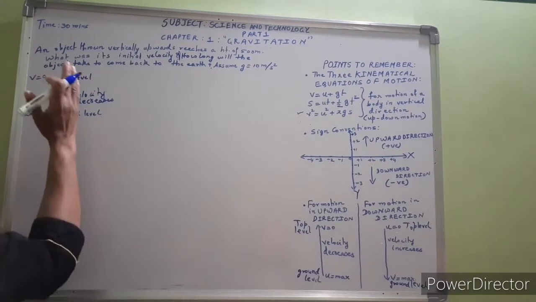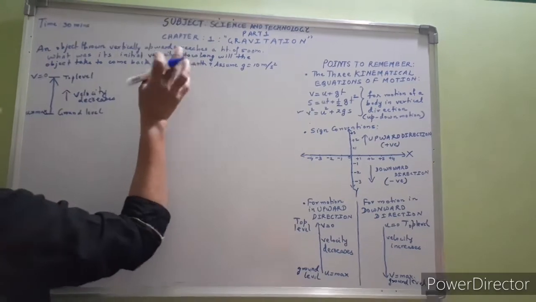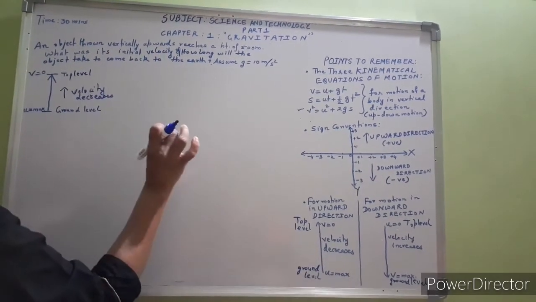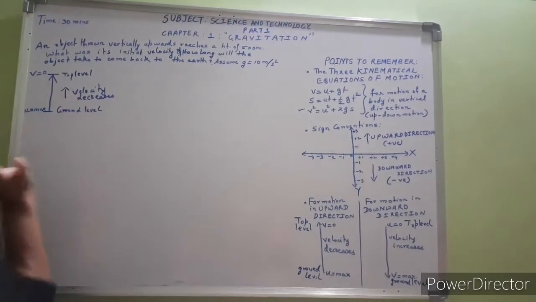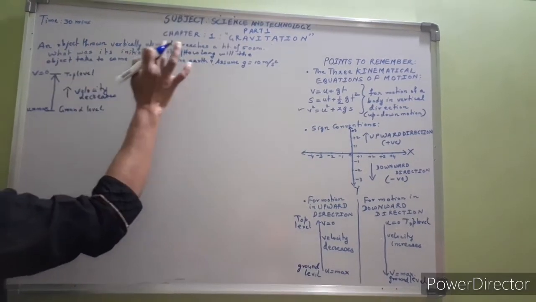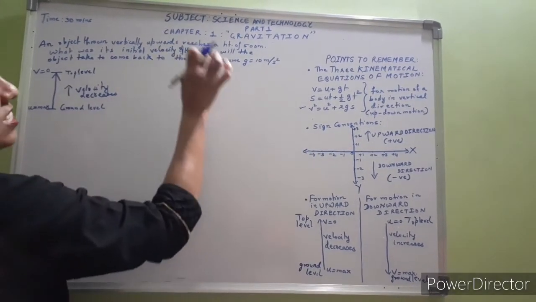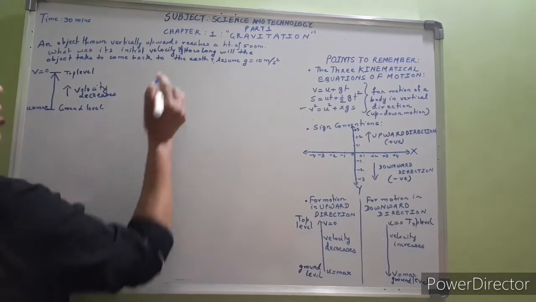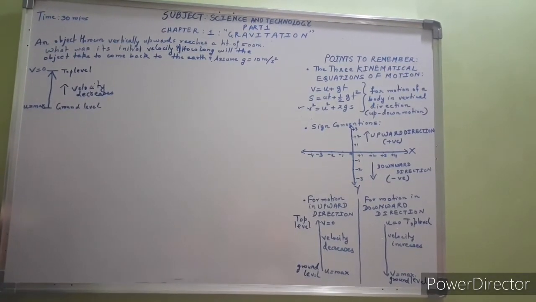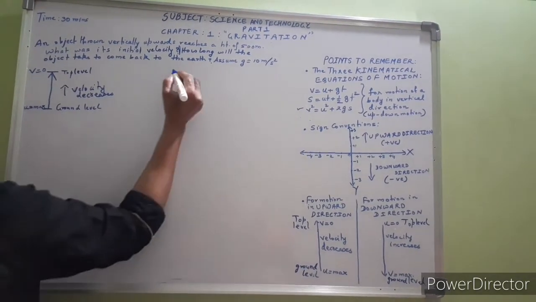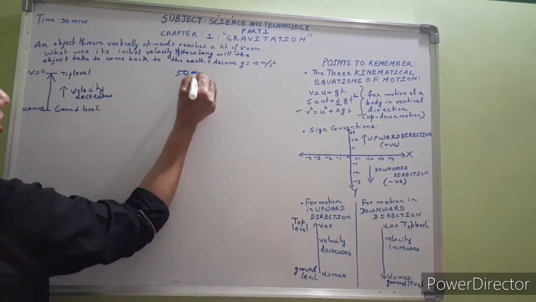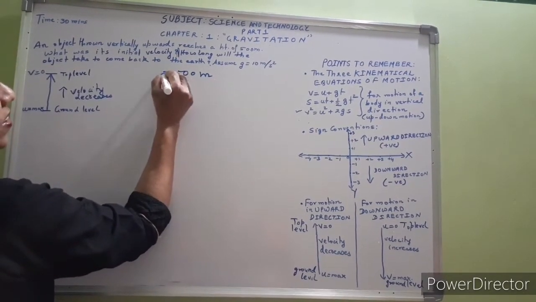So show the direction, because there are some vector quantities which will require direction. So the body is going in the upward direction and reaches a height of 500 meter. So the first thing that you came to know is 500 meter. Now what is this 500 meter?